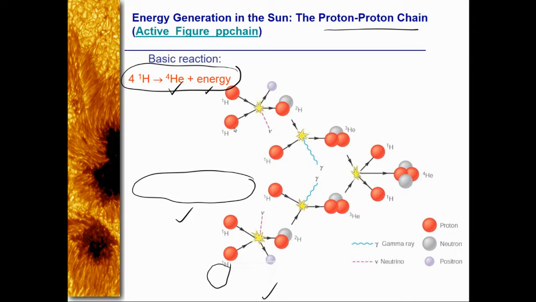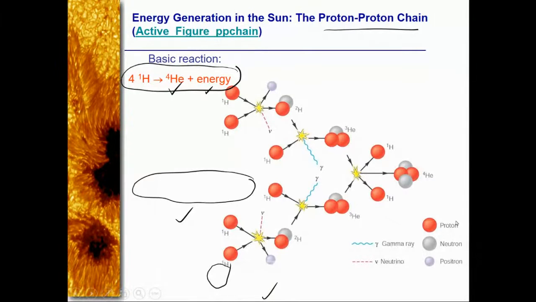Inside the core of the sun, the temperature is about 15 million degrees, so it can allow the fusion to take place. So what happens when these two hydrogen nuclei fuse together? And that's why you say proton-proton, because the nucleus has only one proton.